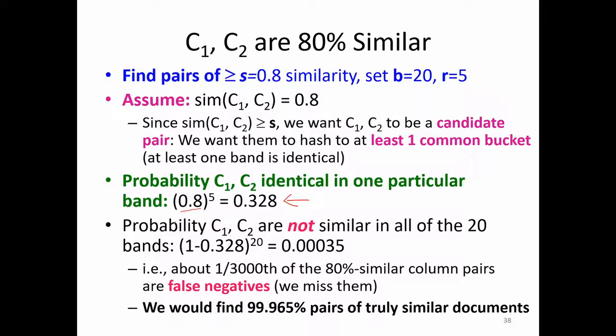So the probability that in any band they are going to be identical is 0.8 to the power 5, which comes out to roughly 0.328.